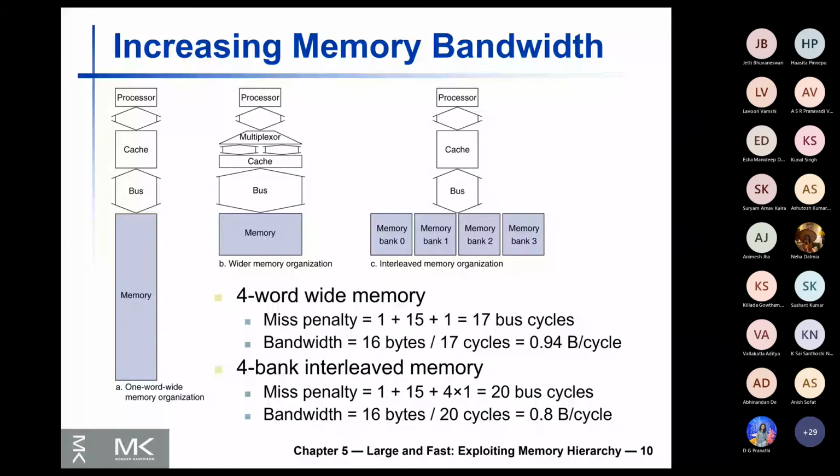Second, what about a wide memory organization? In a wide memory organization, which is the middle option, option B, maybe the memory can transfer 4 words at a time to the cache. And if the cache block is 2 power 10 words, it will take 256 bus cycles, not clock cycles, to read one block from memory.